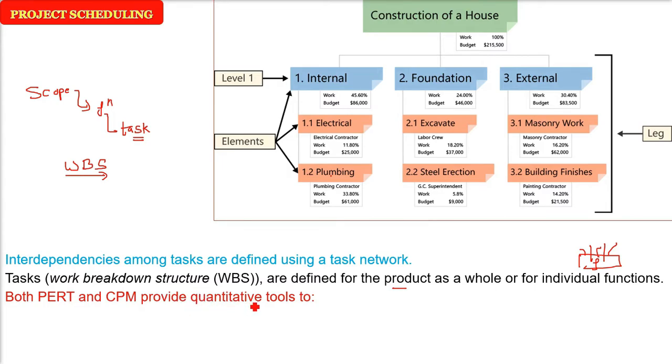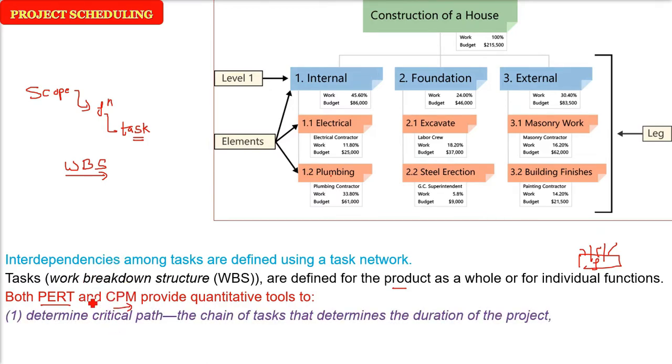Both PERT and CPM provide quantitative tools. PERT is the project evaluation and review technique. CPM is the critical path method. These two are project management methods, scheduling methods basically. So how do we do this? We determine the critical path, and what is the critical path? It is the longest path with critical activities, that is, the longest path possible from the start to finish.